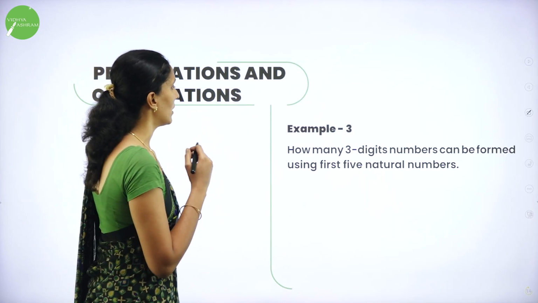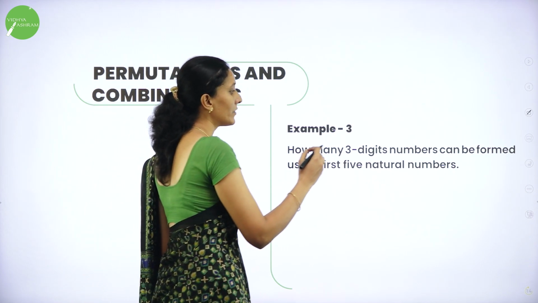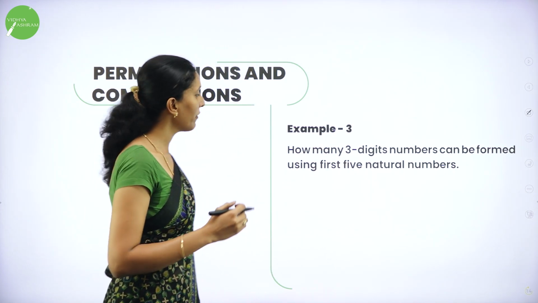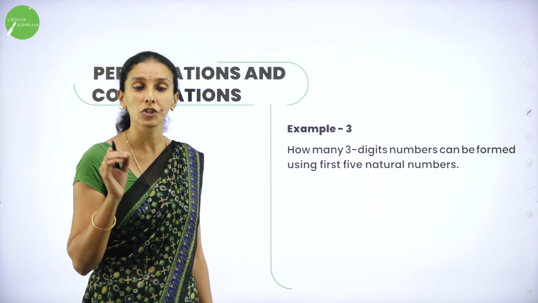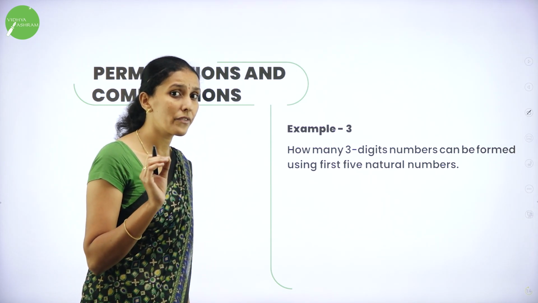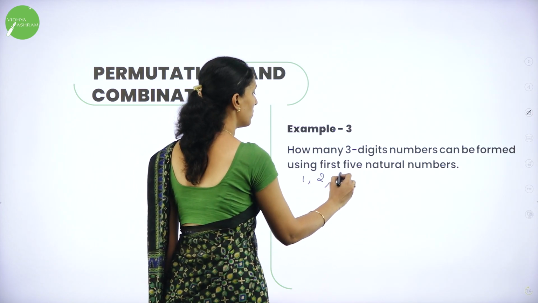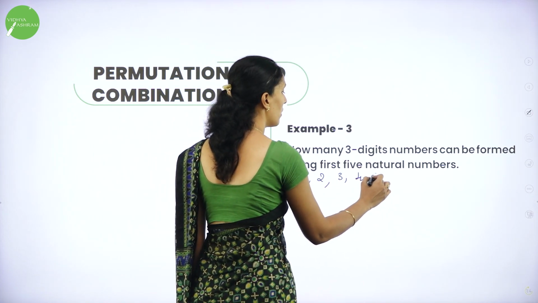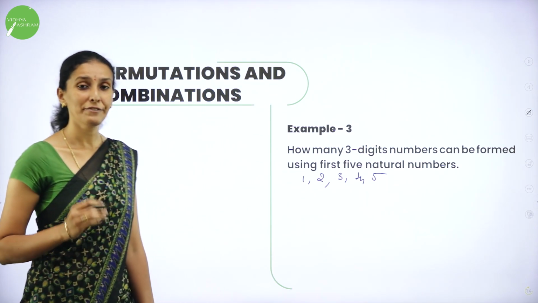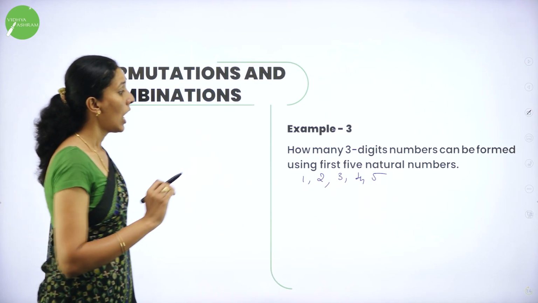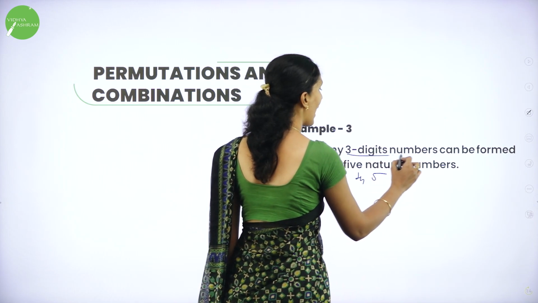Here, how many 3-digit numbers can be formed using the first 5 natural numbers? What are my first 5 natural numbers? That is 1, 2, 3, 4, 5. How many digits of numbers do we have to write?